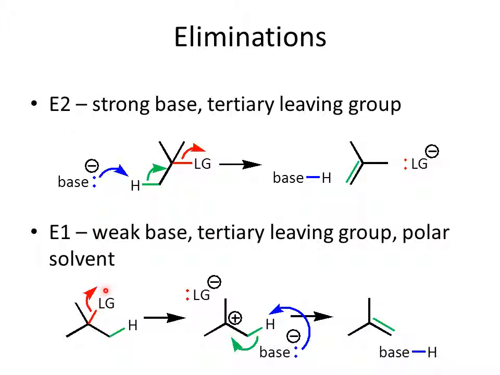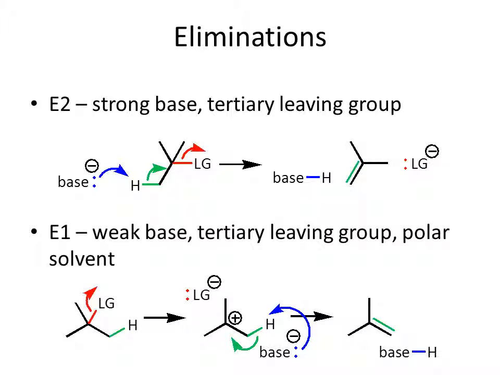But if first the leaving group left and then the hydrogen was pulled off to make a pi bond, that was an E1 mechanism. And last semester when we looked at these, we spent some time on it, and we learned, for instance, what makes a good leaving group. As I just mentioned, halides pretty much make good leaving groups, but also resonance stabilized things like tosylates and acetates can make great leaving groups.